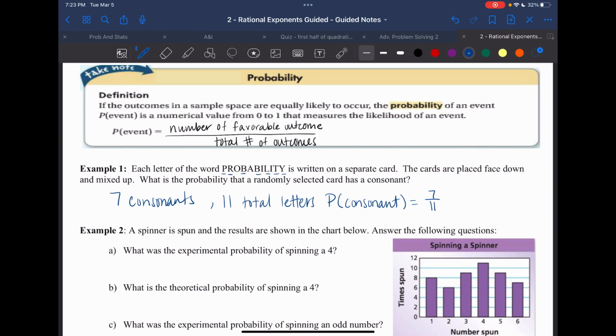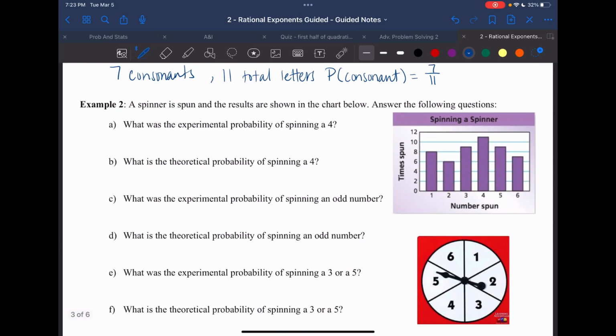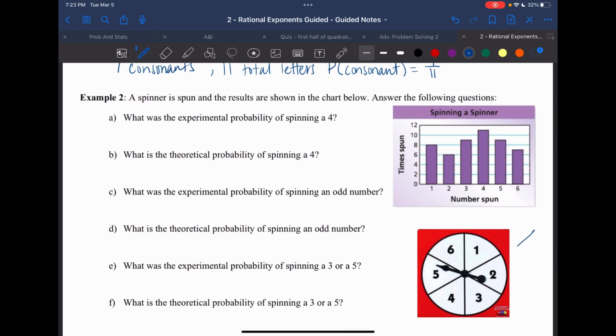Number 2, a spinner is spun and the results are shown in the chart below. Answer the following questions. This is the spinner right here. Just imagine it spinning around and around. Then we record how many times we get each number in the chart. What is the experimental probability of spinning a 4?